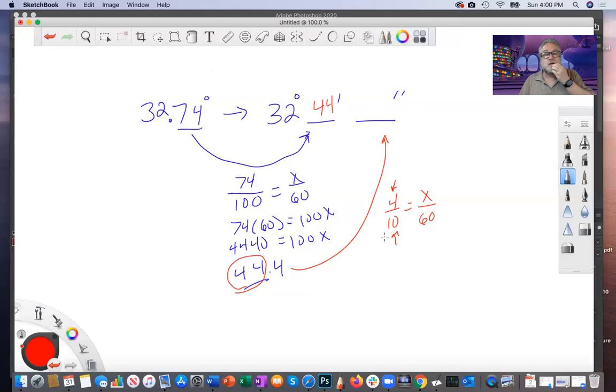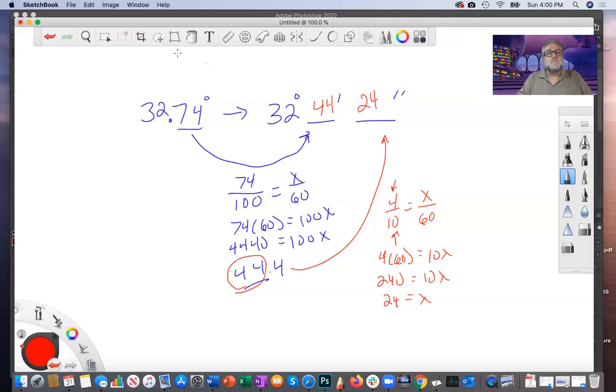No, because it comes out exactly 44.4. Cross multiply: 4 times 60 equals 10x. So this is 240 equals 10x. Divide by 10, 24 equals x. So it's 32 degrees, 44 minutes, 24 seconds. That's equivalent to 32.74 degrees.